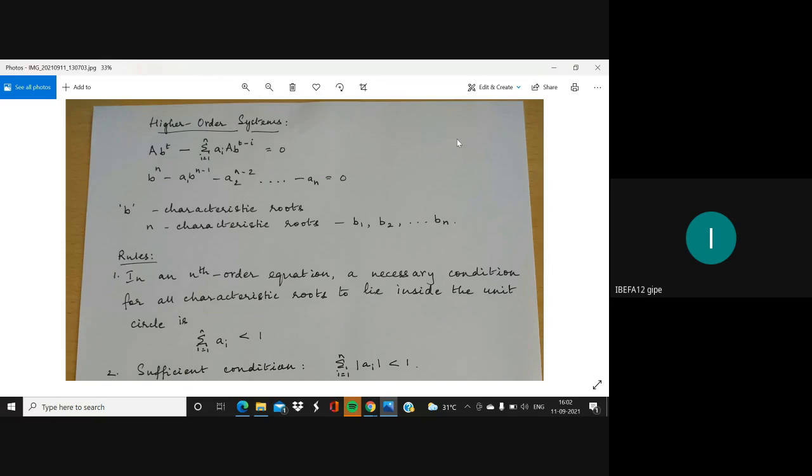Now what I want you to do is try and write for a second order difference equation. Just do it for yourself now, it will help you to understand the next part. So write an AR2 process, basically the general notation. Once you've done that, set up the complementary function for this.